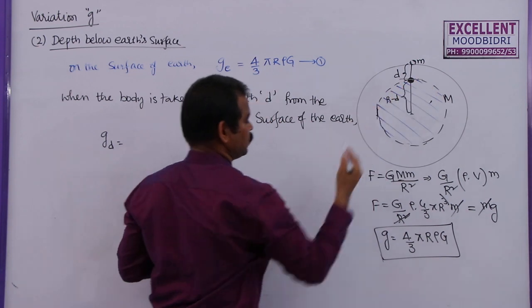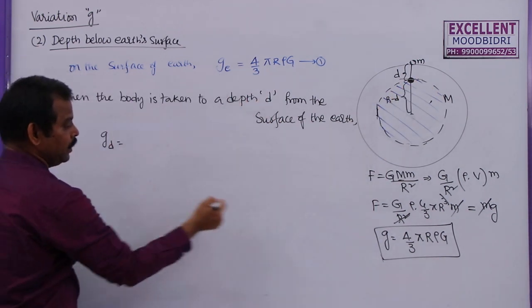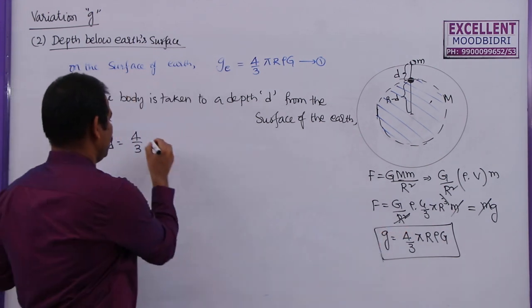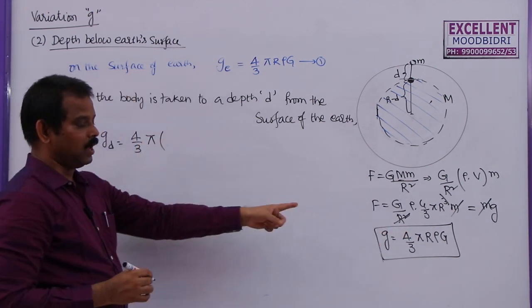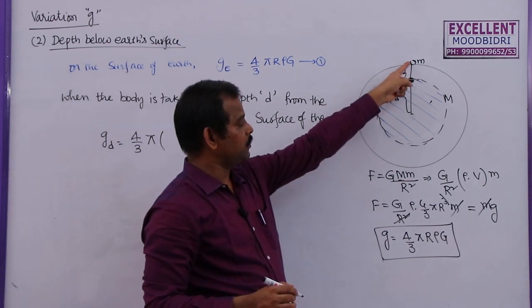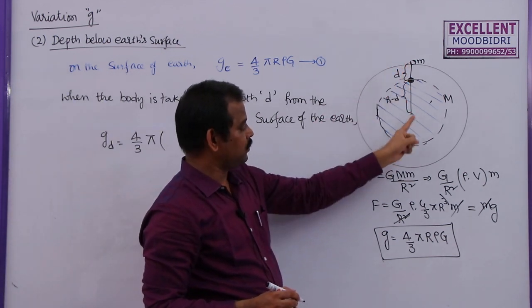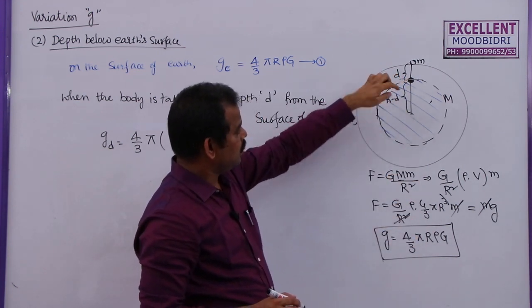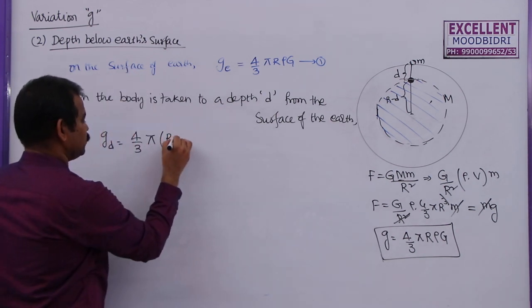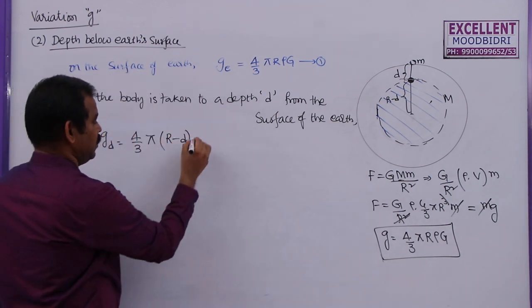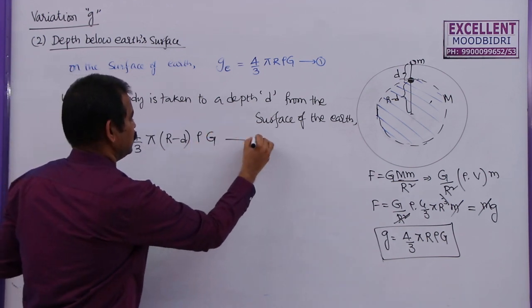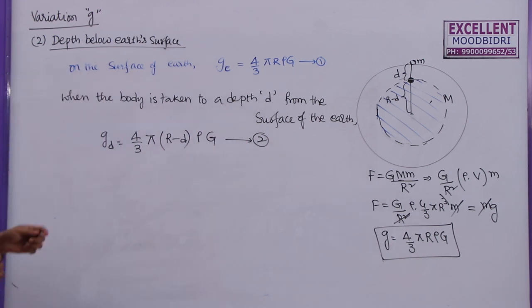So I am taking this as small g_d. The 4 by 3 will not change, pi will not change, but what about r? When the body is on the surface of earth, the distance between the body and the center of earth was capital R. Now the distance between the body and the center of earth is R minus d. So only this factor will change, the density is uniform and constant, and capital G is always constant. This is equation 2, the small g value at a depth d from the surface of earth.